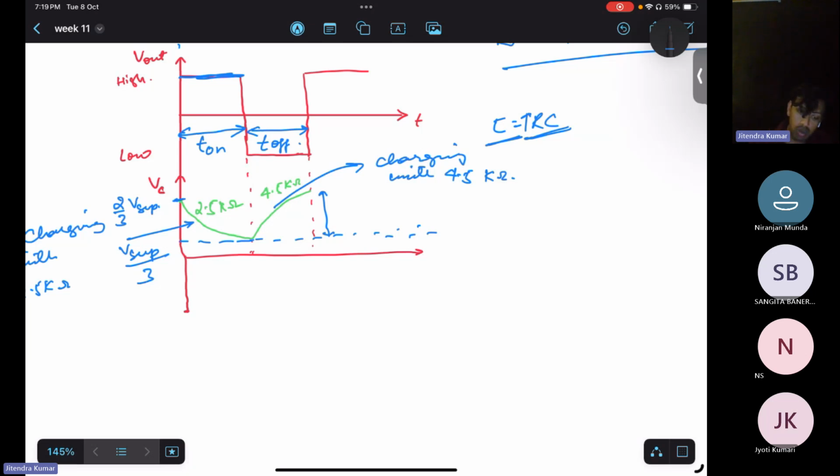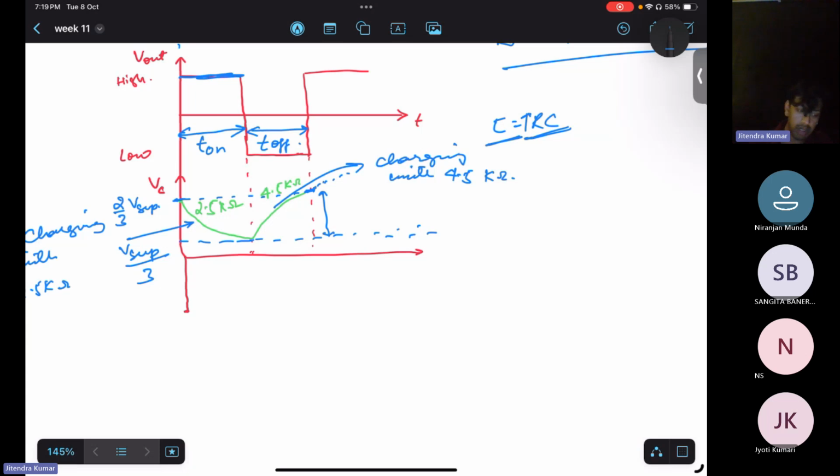As soon as it exceeds this value, 2 by 3 V supply, it will again start discharging. But it has a tendency to go till V supply. Why? Because in any RC circuit, it has the tendency to reach the supply voltage.